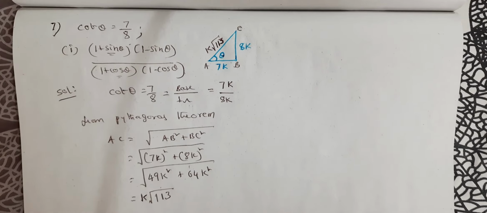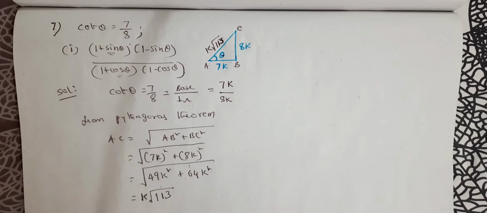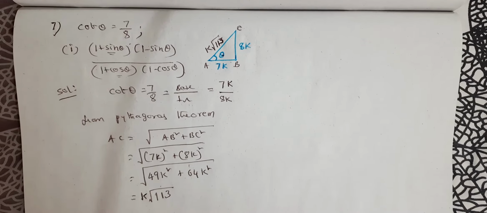So now our job is to find what? To find out this complete value, we should know the sine and cos values. So now in the second part of the problem, we will find sine and cos. First we find sine theta.